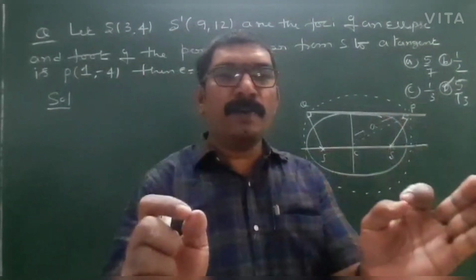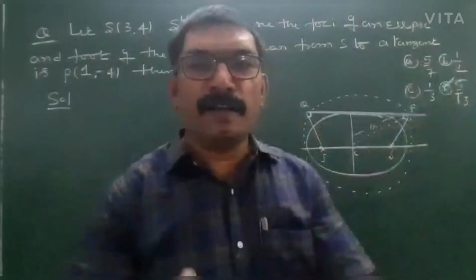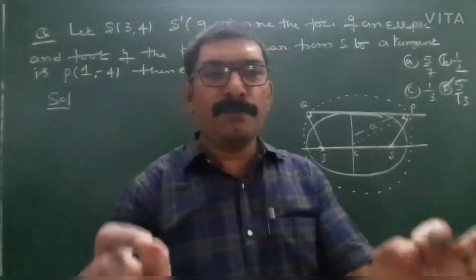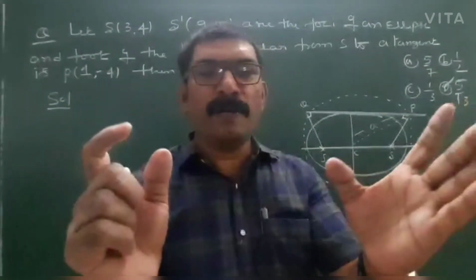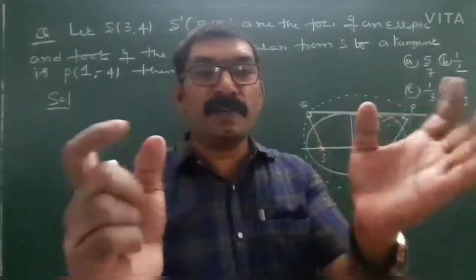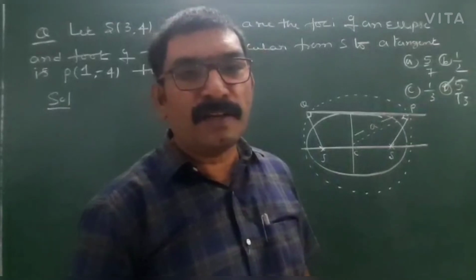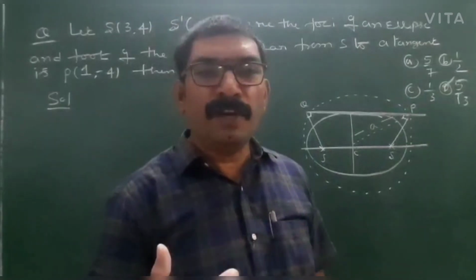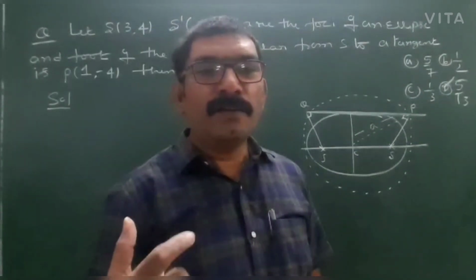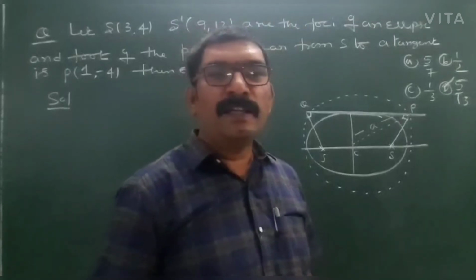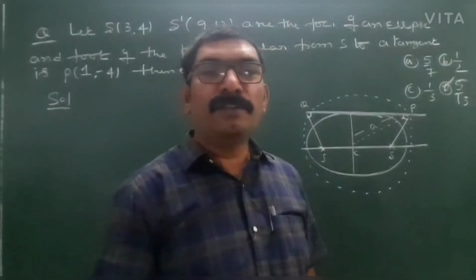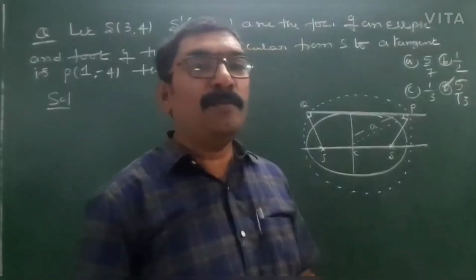According to the definition of the auxiliary circle, the locus of feet of perpendiculars from a focus to the tangent is known as the auxiliary circle. But in the ordinary way, we speak of the auxiliary circle as the circle with the major axis as a diameter.